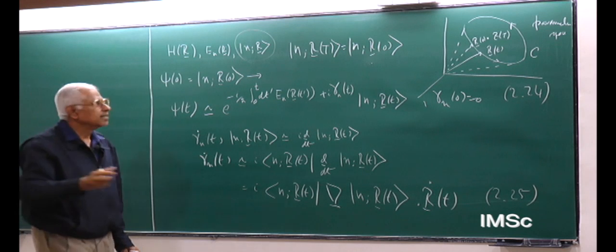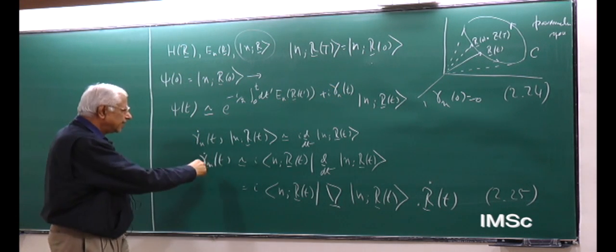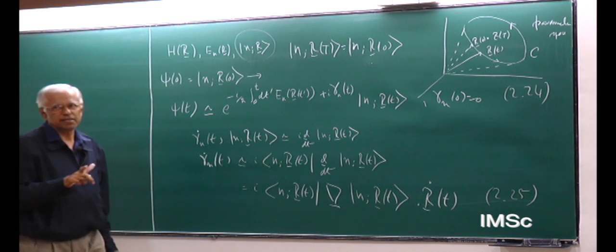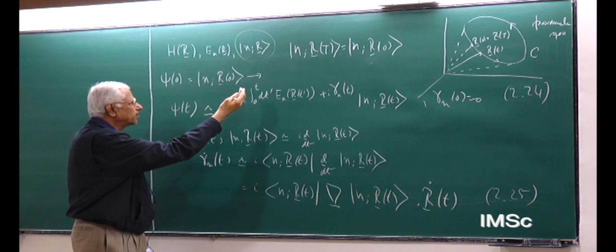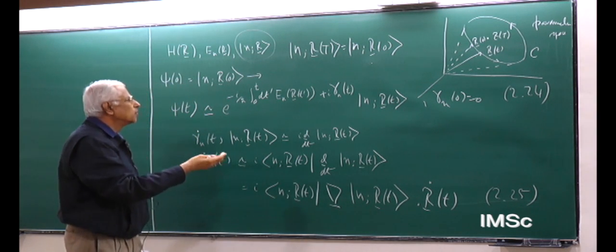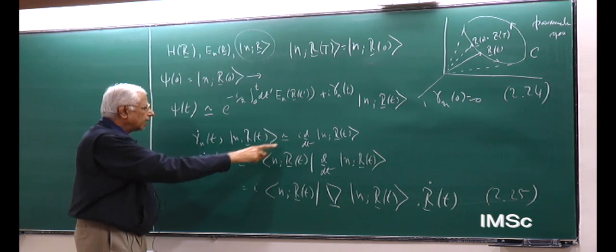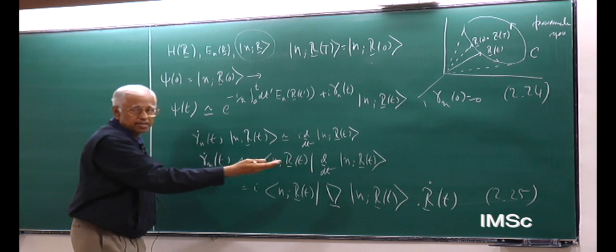All right. So this is very different from that phase convention. This one is a consequence of the Schrodinger equation. So this is not a convention. You put this expression, which is given to you by the adiabatic theorem, into the Schrodinger equation, we get this approximate result, and then we can just take the scalar product on both sides, we get this thing.